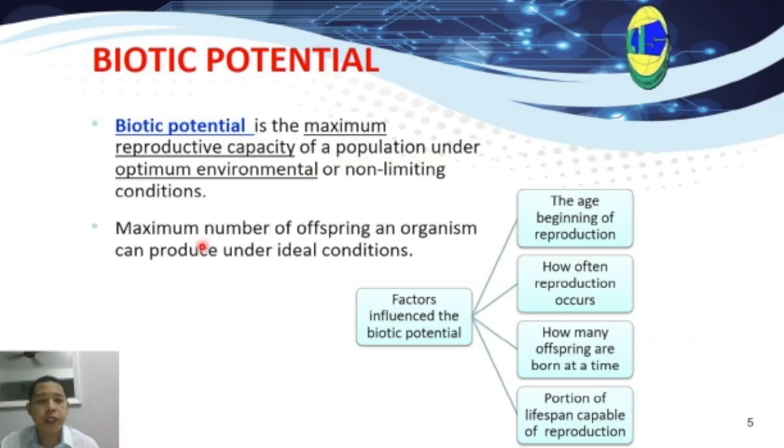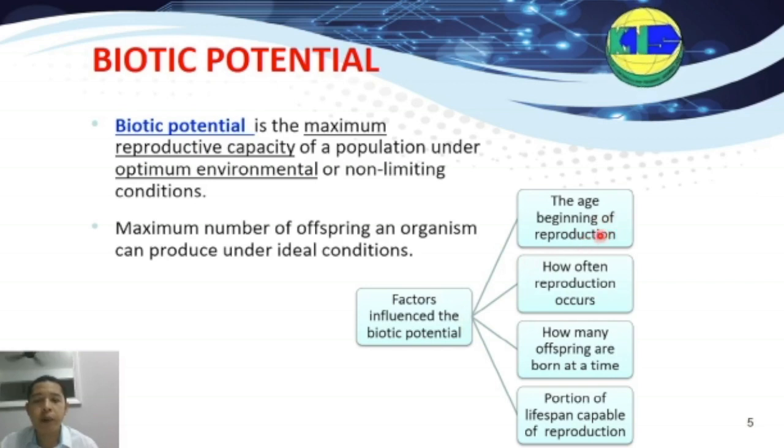So when a population achieves its biotic potential, the maximum number of offspring or progeny is produced under ideal conditions. The factors that can influence the biotic potential of a certain population comprise the age of beginning of reproduction.